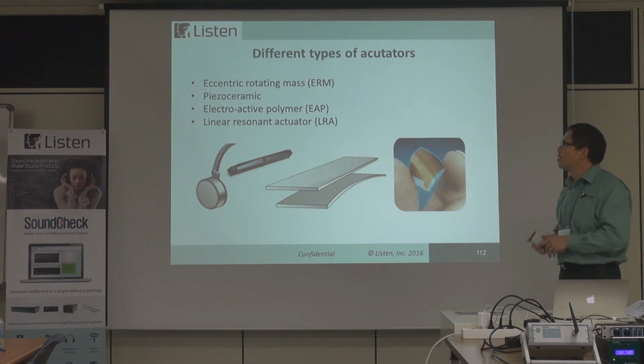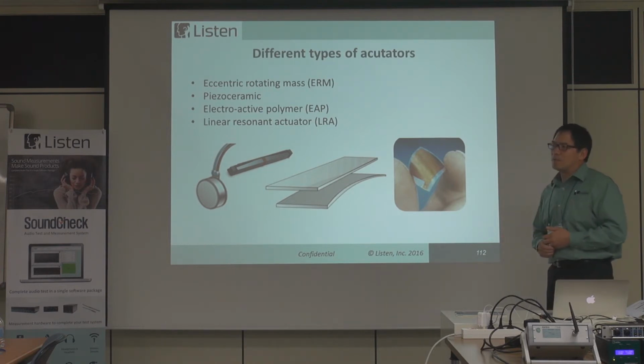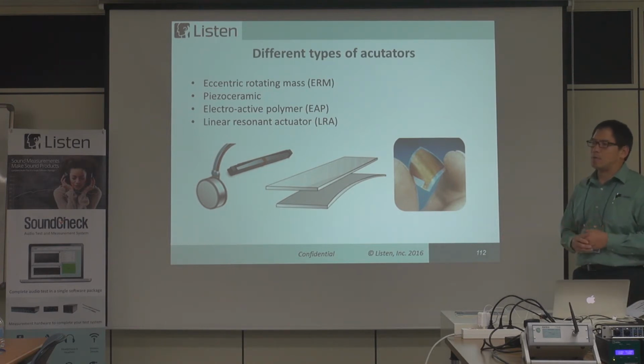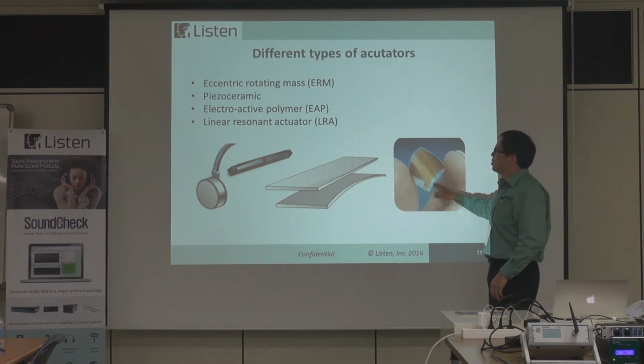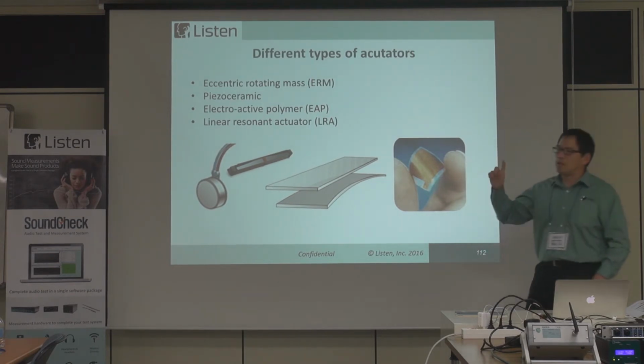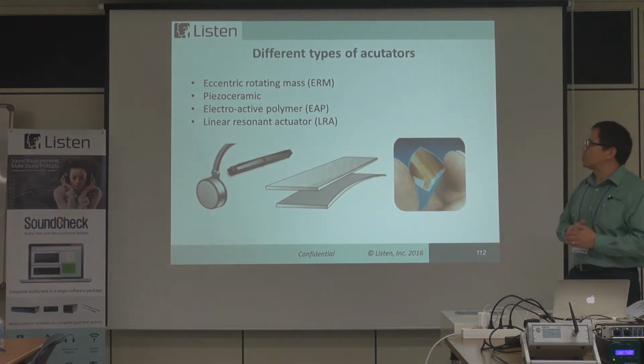Very tiny little one. There are things like piezo ceramic, which is a specialty material that when you conduct electricity to it, it will change shape at very different frequencies. Some very advanced material called electroactive polymer, where if you conduct electricity to that, it will actually change its shape, and it's pliable. It's not rigid.